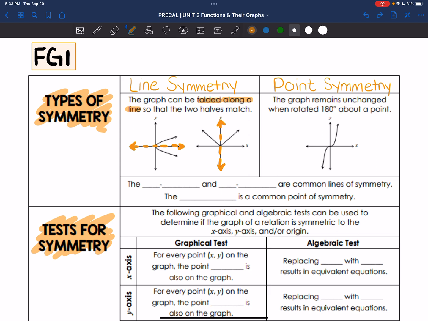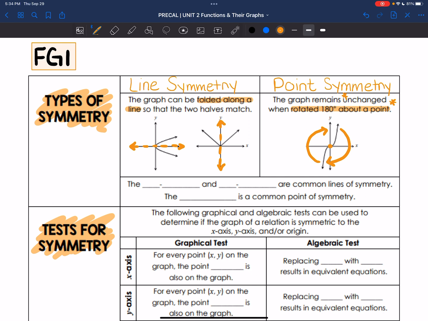So if you rotate it 180 degrees about a point, like this point right here, if we were to spin that graph 180 degrees, rotating around and rotating around, the graph will be exactly as it was. It is unchanged when you rotate it.